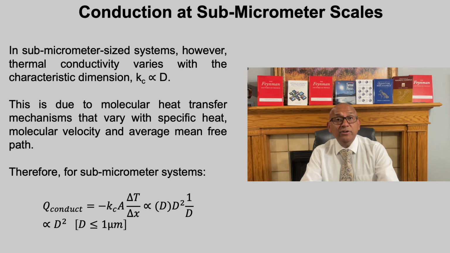As a result, for sub-micrometer systems, the conduction heat transfer can be expressed as Q_conduct equals minus Kc times A times delta T divided by delta X. Since Kc is proportional to d, the area is proportional to d squared, and the length is proportional to d, we end up with Q_conduct proportional to d squared. So at sub-micron scales, heat conduction grows with the square of the system size.